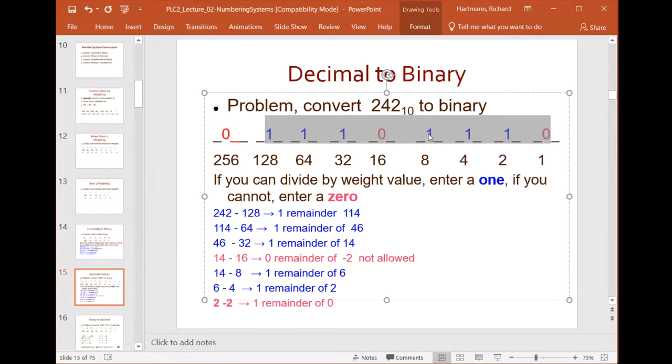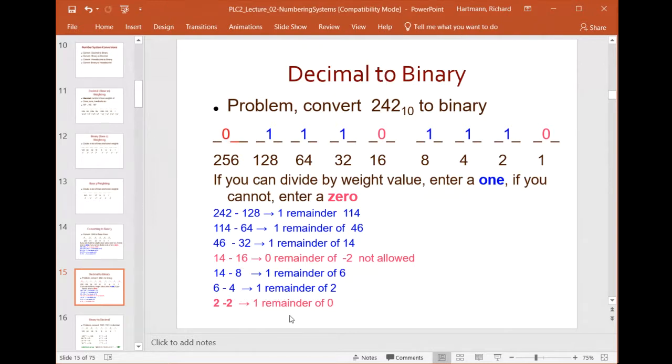Okay, it would be storing 1110 1110. And if it was a 32-bit storage location, it would put leading zeros out here to fill up the rest of the bits. But that is how we convert it.